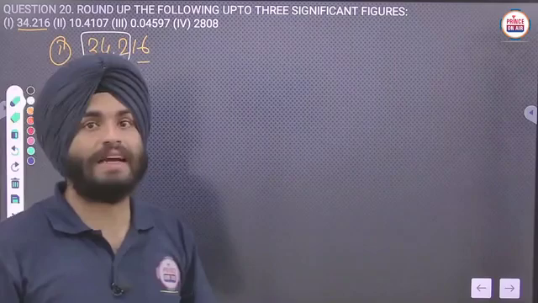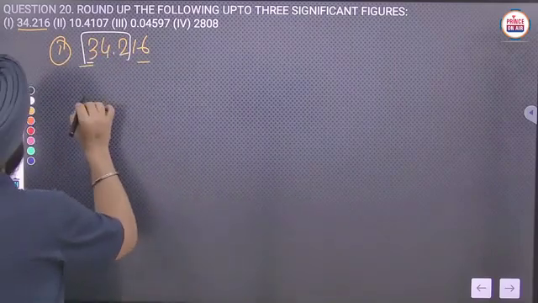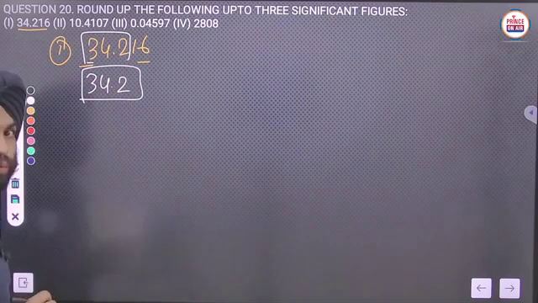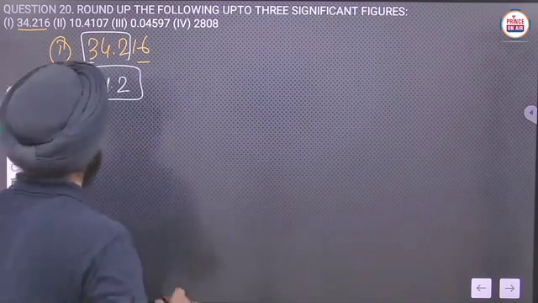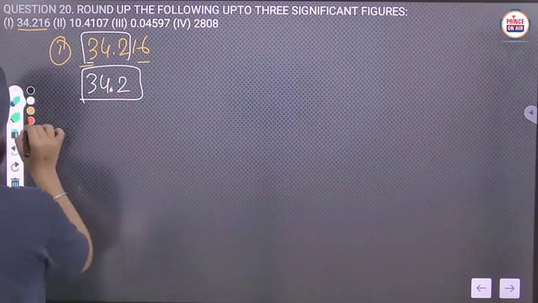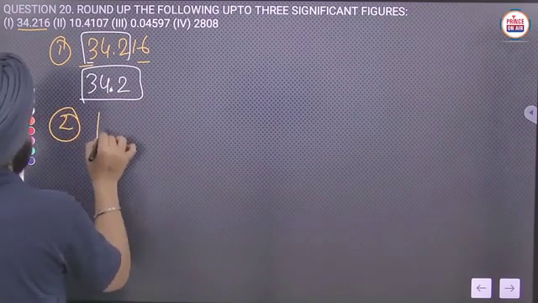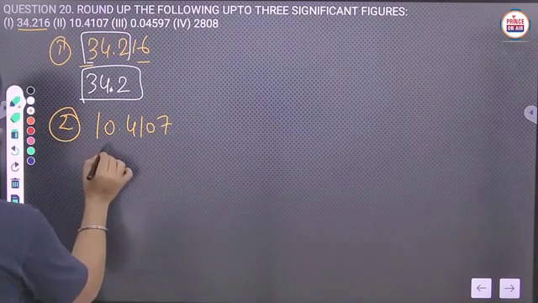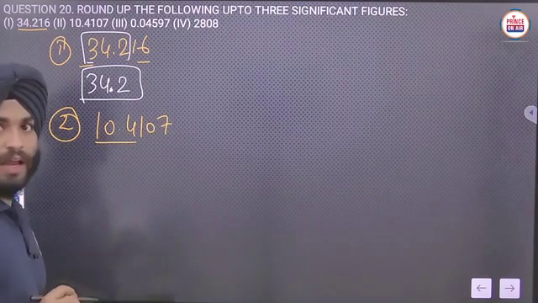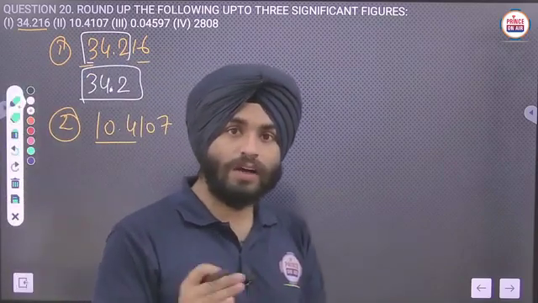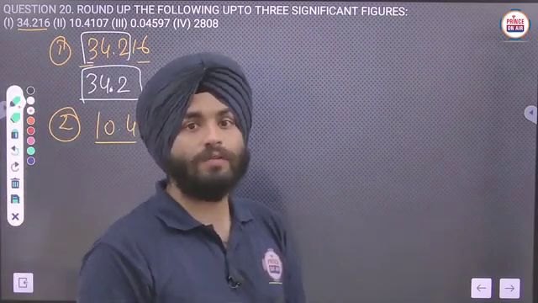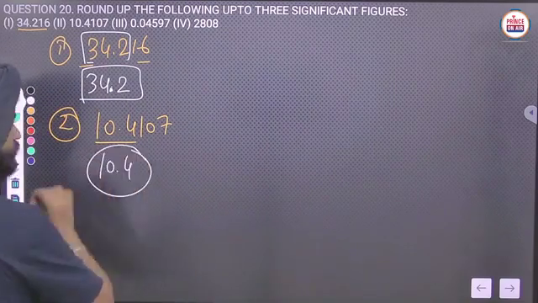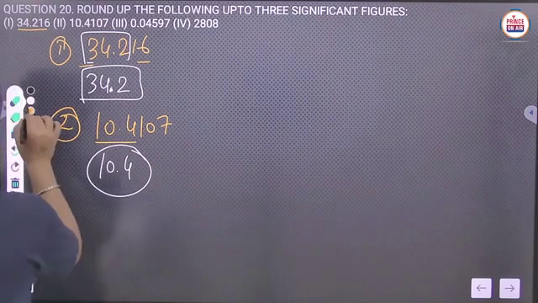So just ignore it, and the answer will come out to be 34.2. Clear? Next is 10.4107. Just see the first 3 digits and then the 4th digit. The 4th digit is once again less than 5, so just ignore it and the value will come out to be 10.4.